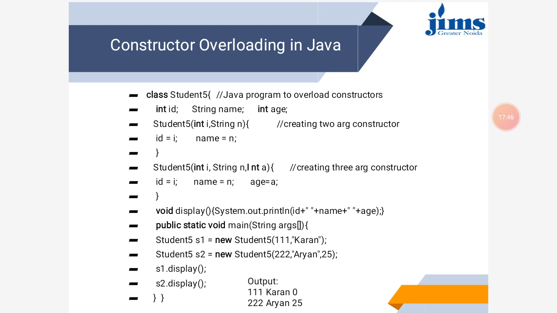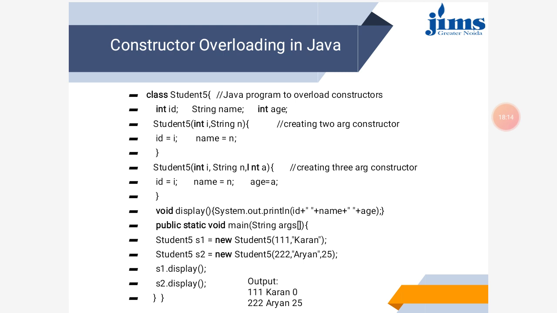It has all three parameters like id, name, as well as age, and it is initializing all three values of the class, that is id, name and age. And there is a display method which is displaying id, name and age.